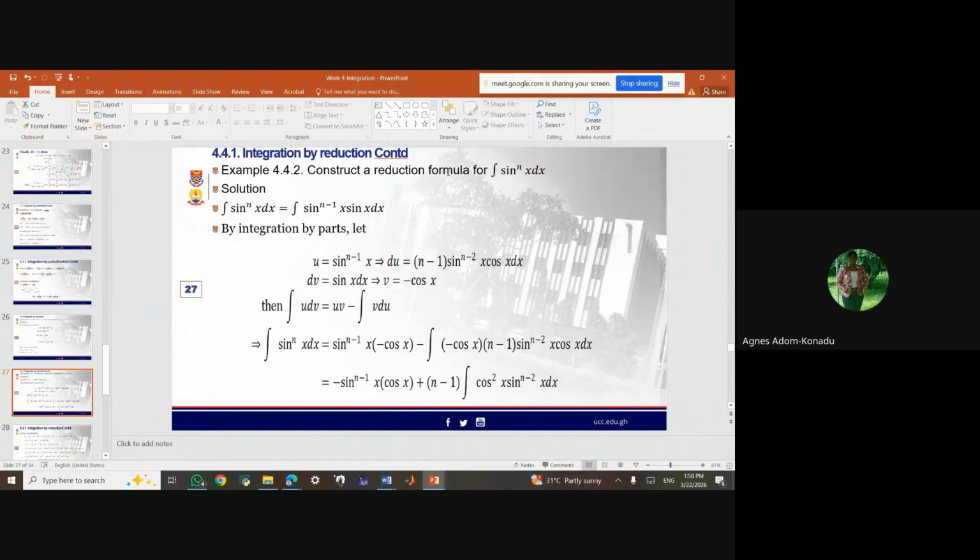I want to construct a reduction formula for the integral of sine to the power n x dx.